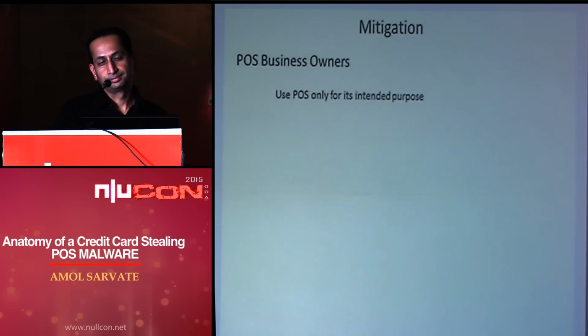The breaches that we saw happened because the POS terminal, which right now is my Windows box, but a real POS terminal also can be used to send emails, to check your Facebook account, to do anything. You can just stop the POS program running on the POS terminal, and then you can do whatever you want. It's almost like a regular operating system. So one thing is use POS only for the intended purpose, so that the malware doesn't get there in the first place.